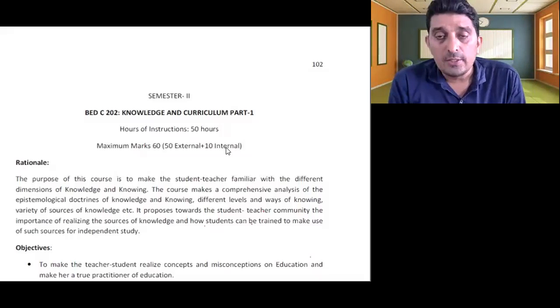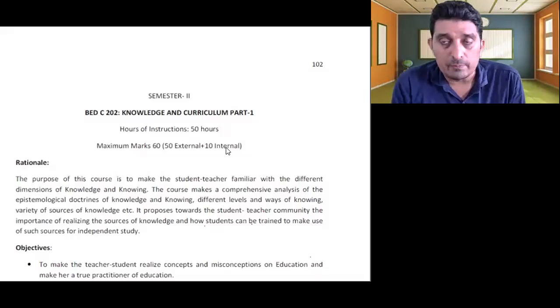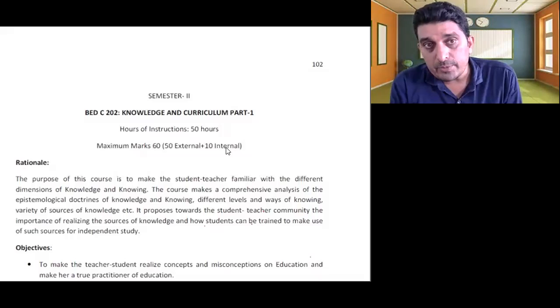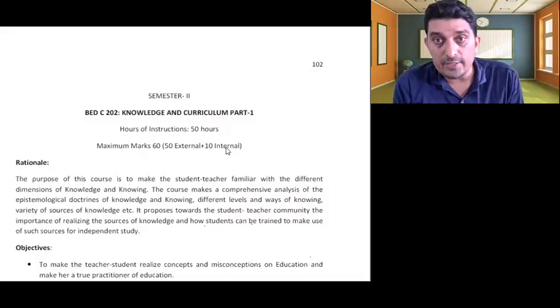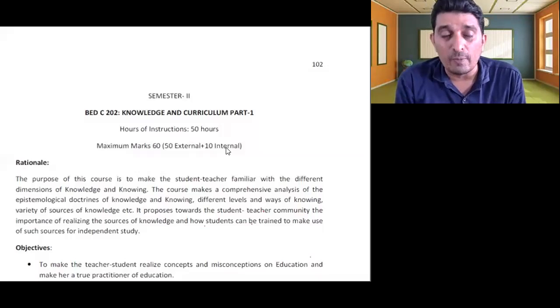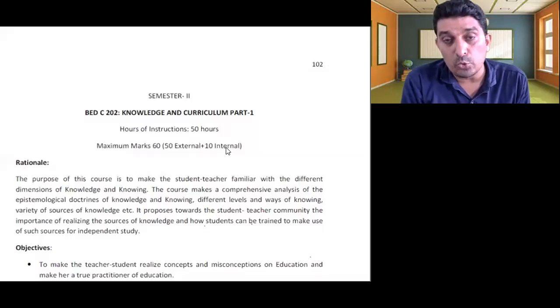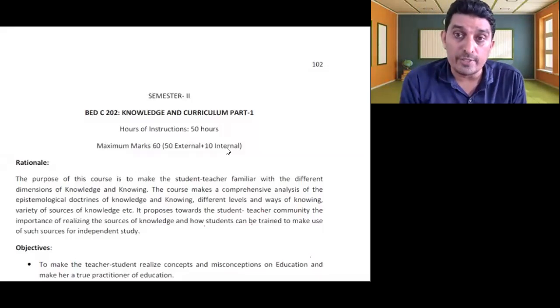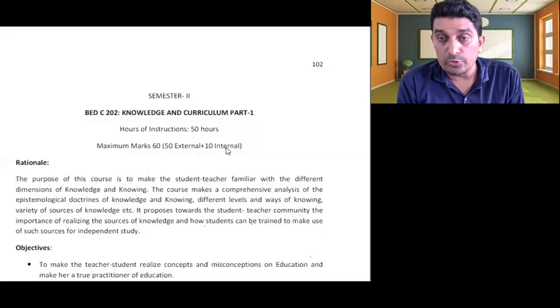So I have told you that this is a wonderful paper. And see, I'll be discussing classes at times on Zoom, at times on Google Meet, and at times by sending voice clips on Telegram. It's also a useful and interesting app for online classes, and you should know how to make use of Telegram, because at times you may not be able to open Zoom or Google Meet because of some network problems.